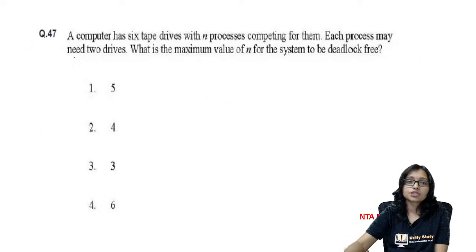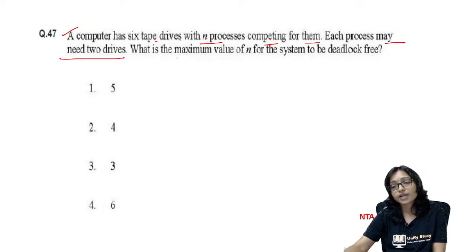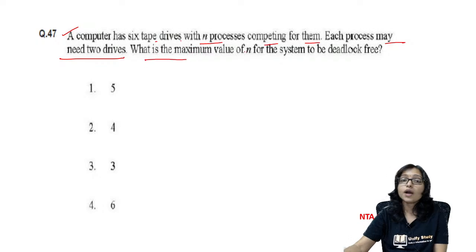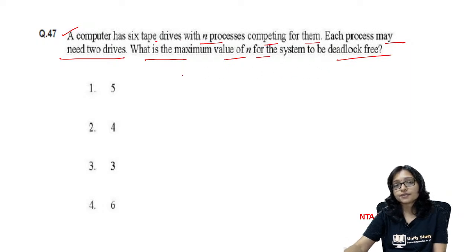Now the next question. A computer has 6 tape drives with n processes competing for them. Each process may need 2 drives. What is the maximum value of n for deadlock free operation?